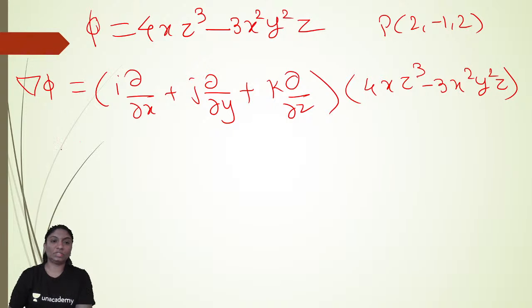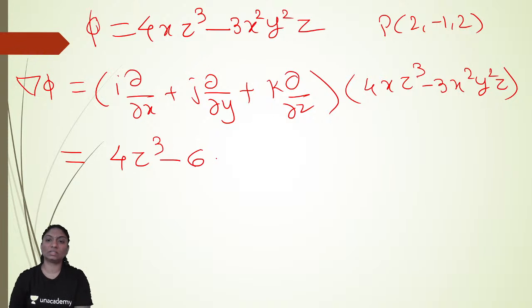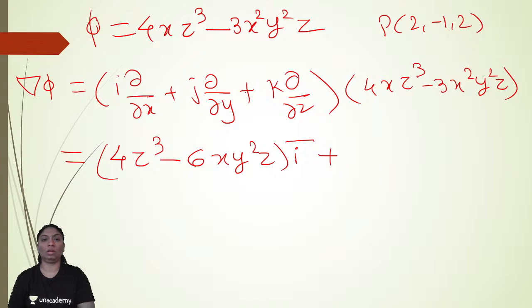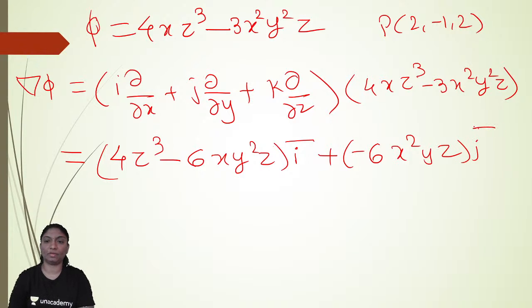So it is equal to i into del by del x of this, so 4z cube minus 6xy square z i bar, plus del by del y of this, you will get 2 into 3, so minus 6x square y z j bar.